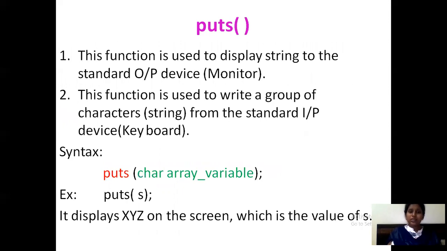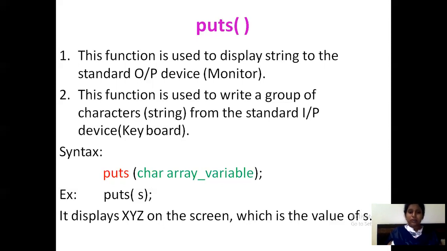The puts function, this function is used to display a string to the standard output device called monitor. So if you want to display the particular character array, means a group of characters, on your output screen, you should use which function?